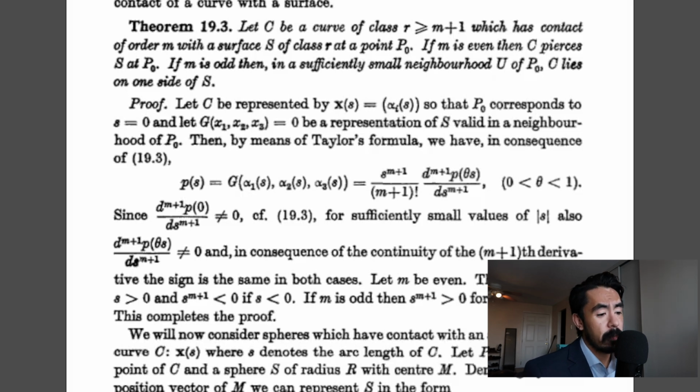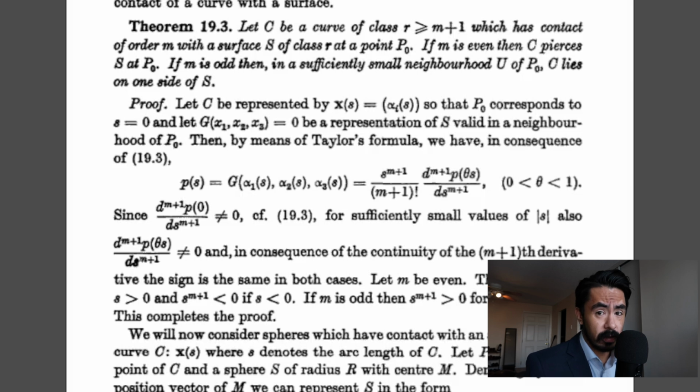Let C be represented by the vector parametric representation x in terms of arc length s, which is equal to the function alpha sub I of s, so that P naught corresponds to s equals 0, and let the function g of x1, x2, x3 equals 0 be a representation of S valid in a neighborhood of the point P naught.